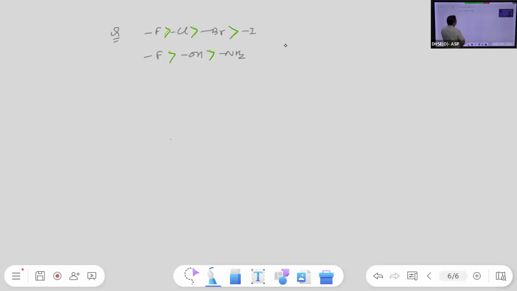Okay. Now, inductive effect is clear. What are the applications of inductive effect?